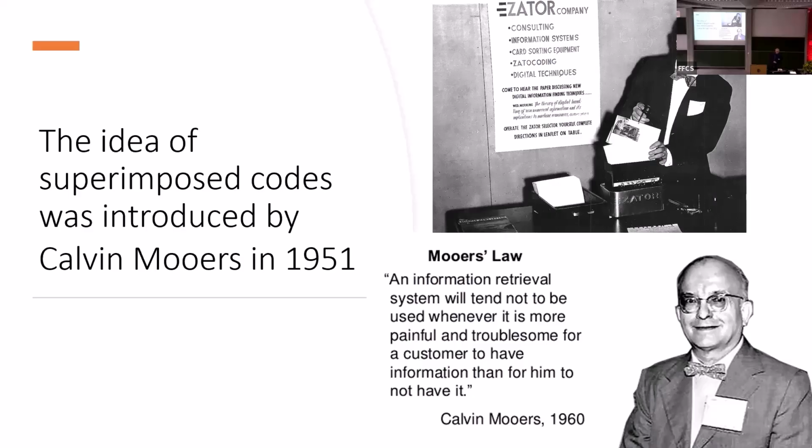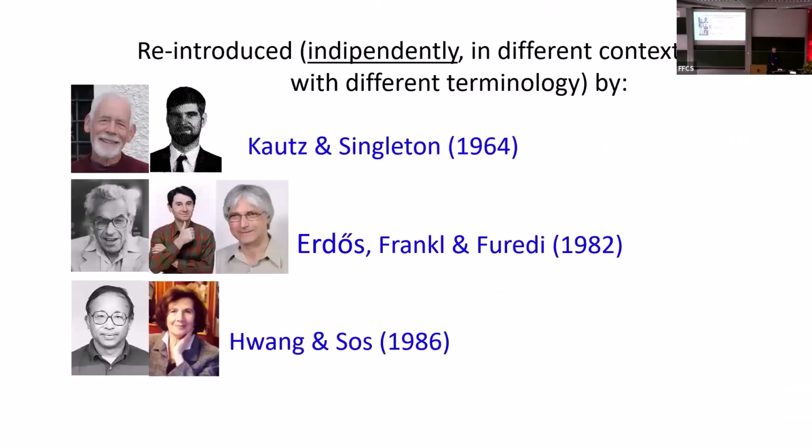Anyway, this idea of superimposed codes has been rediscovered many, many times. For instance, by Kautz and Singleton, and usually in the information theory community this is the paper that everybody quotes about the introduction of superimposed codes, because people don't know history in a certain sense.